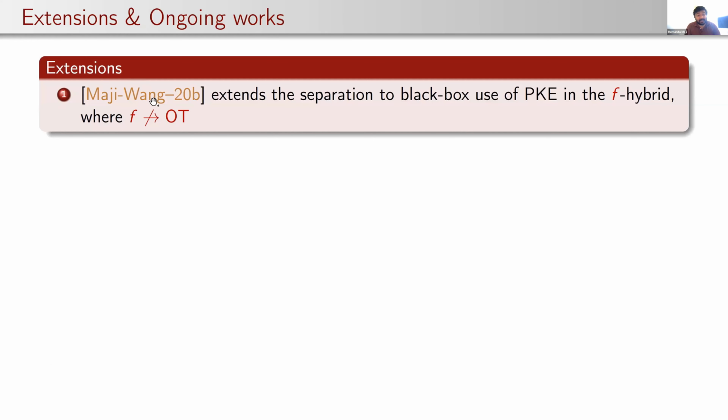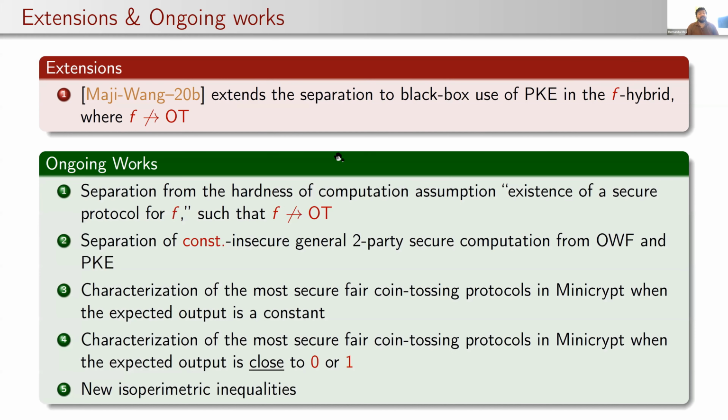So we can extend this result to more sophisticated models where parties can use a public key encryption oracle as well. And this result also extends to hybrids where parties are given ideal access to computing functions that do not yield oblivious transfer. And there are several ongoing works that we have currently.